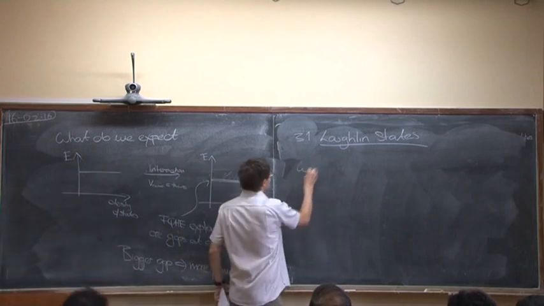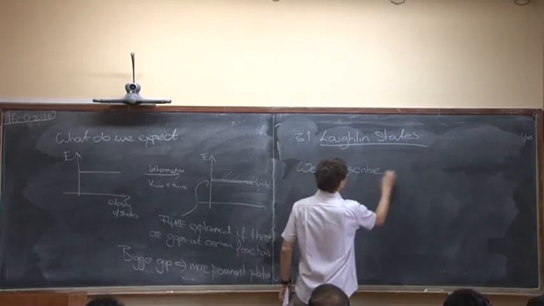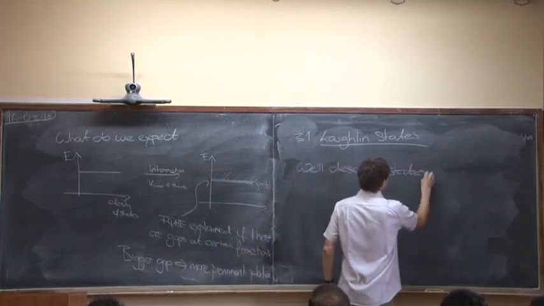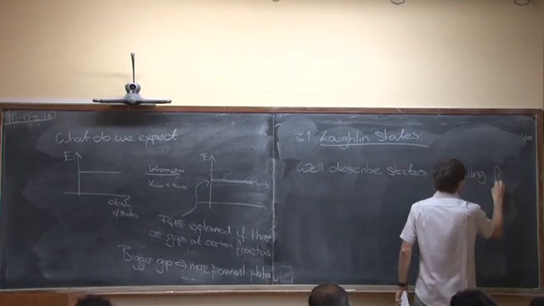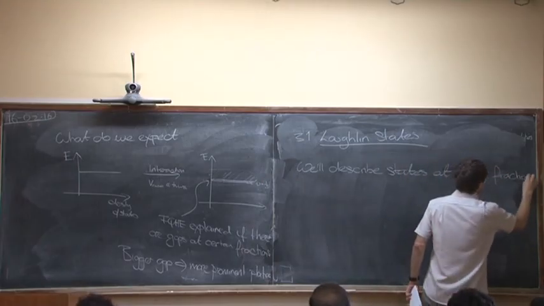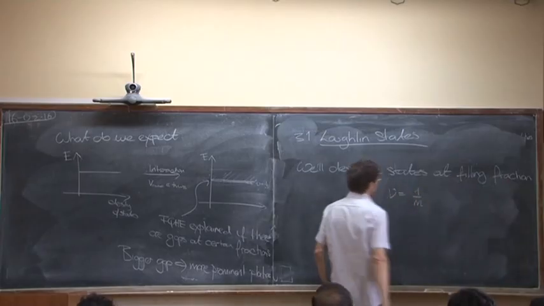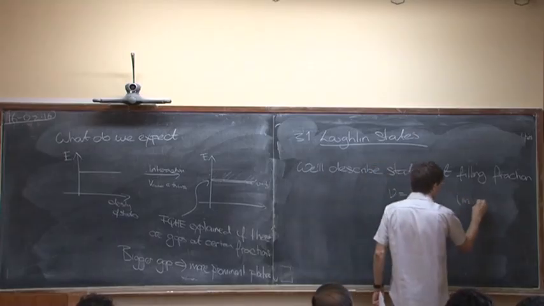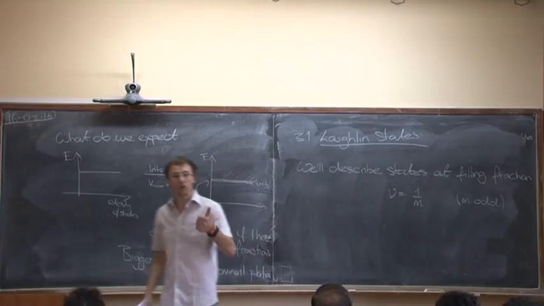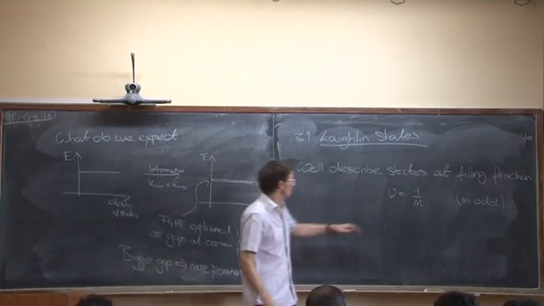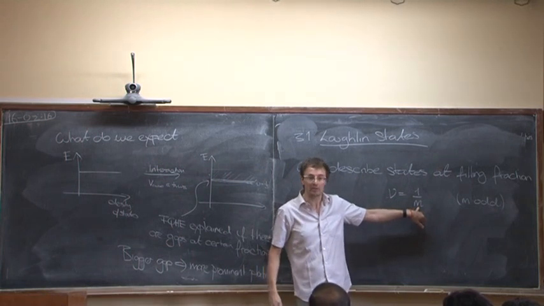So Laughlin described, and we follow him, states at filling fraction nu equals 1 over m. We'll describe these states both for m odd and m even, but in the course of doing this, we'll see why the states with m odd are the ones that are relevant for experimental systems.